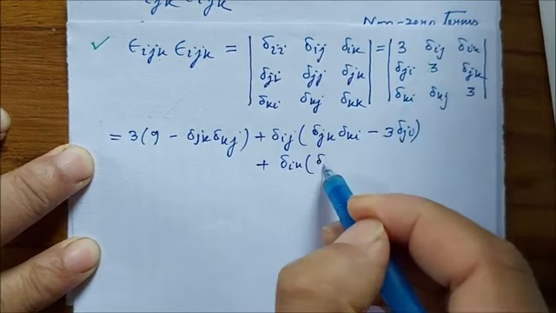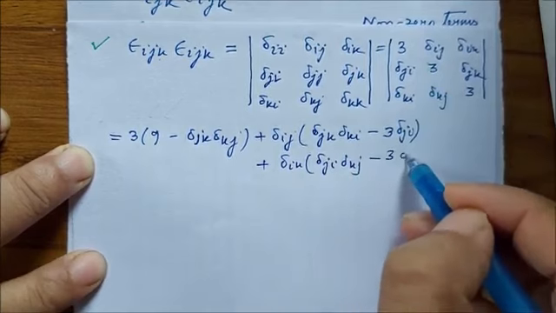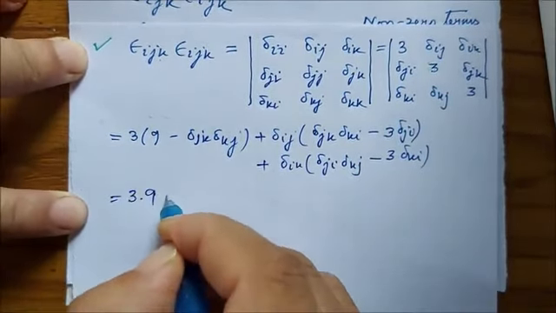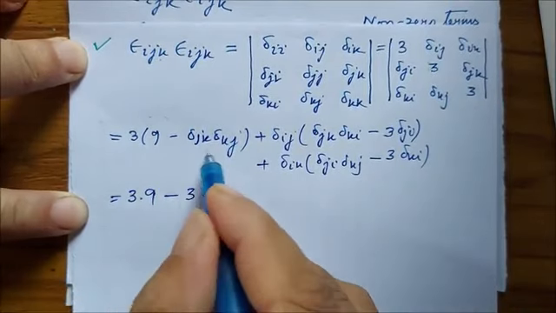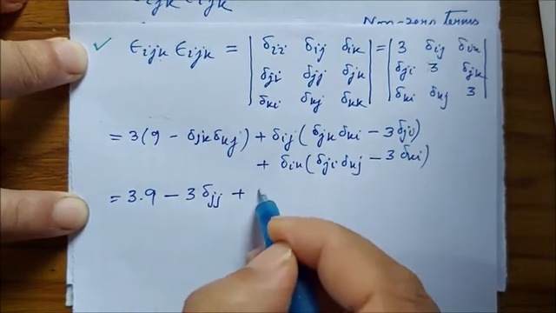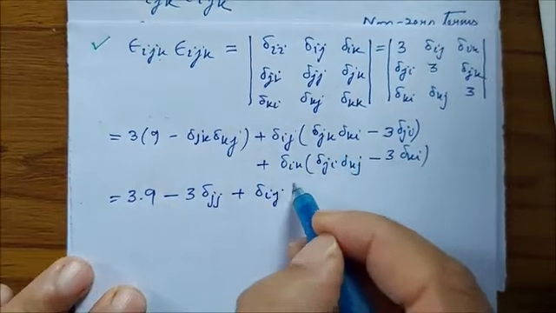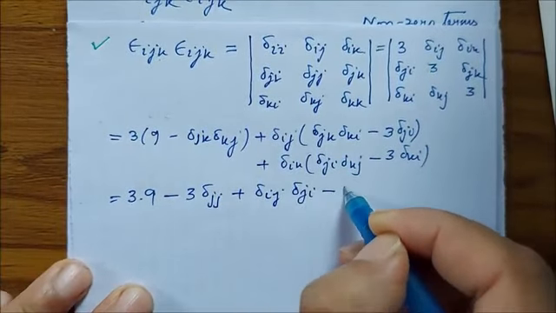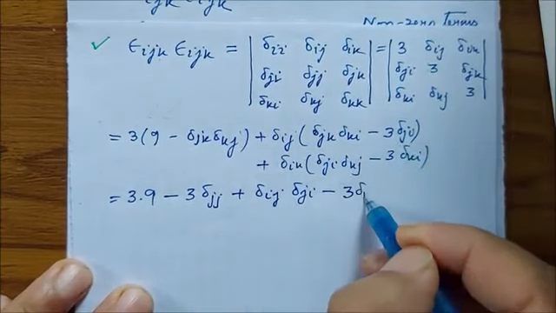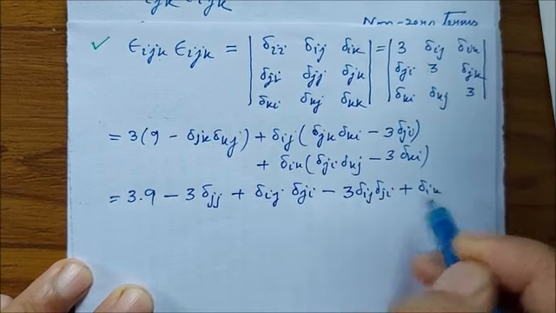Cross of delta ji delta kj minus thrice of delta ki, and this gives us contraction of k gives us delta jj, contraction of k gives us delta ji, 3 delta ij delta ji plus delta ik.